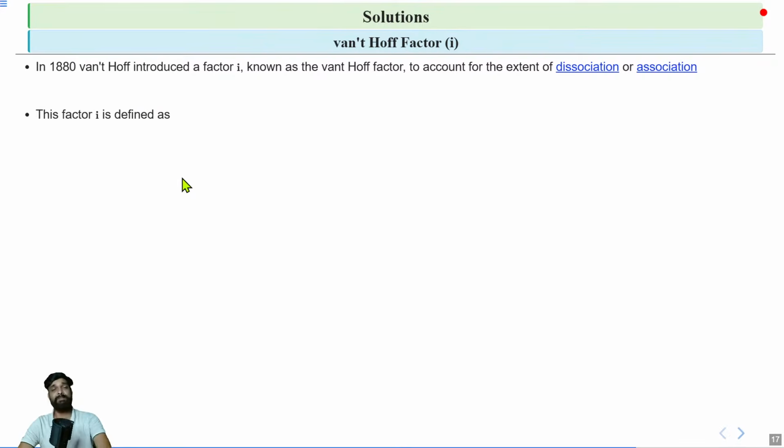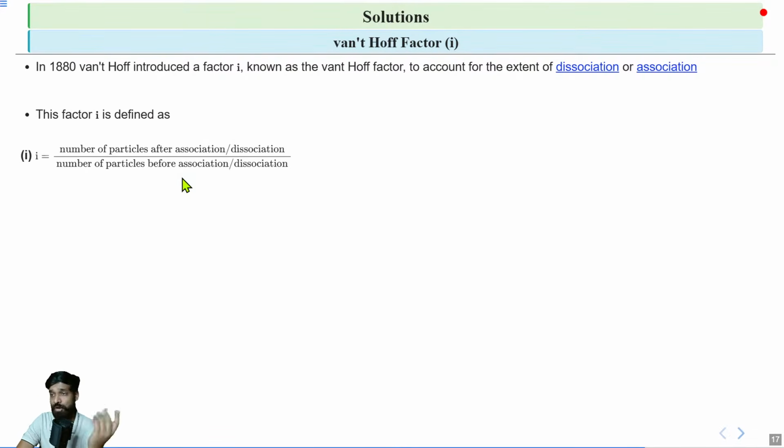So if I simply define the i factor before moving on to those formulas, i is the number of particles after association or dissociation divided by the number of particles before association or dissociation. Now, can we take the example of NaCl? Before dissociation, the number of particles for NaCl was 1. There was one NaCl molecule present.